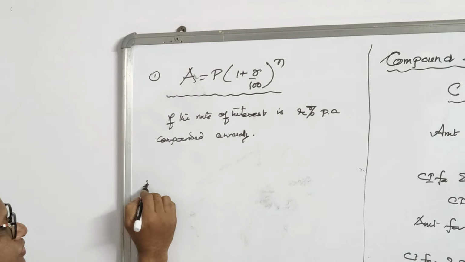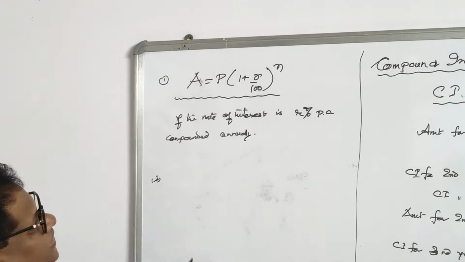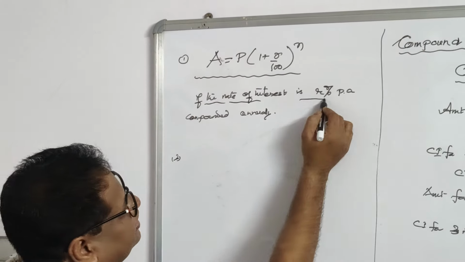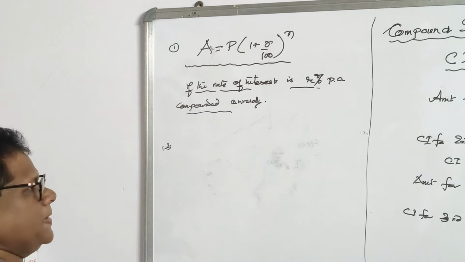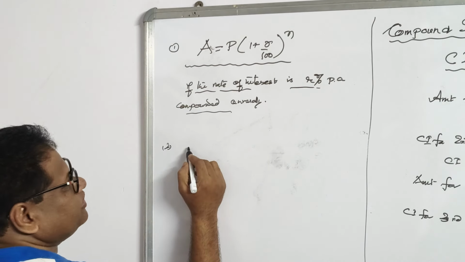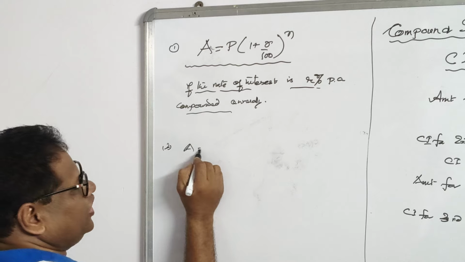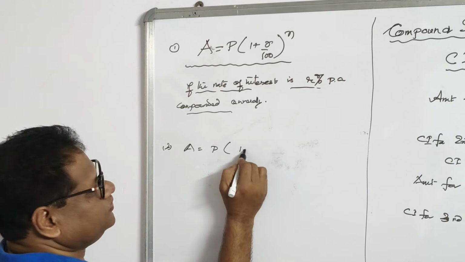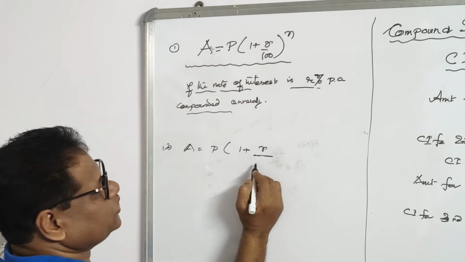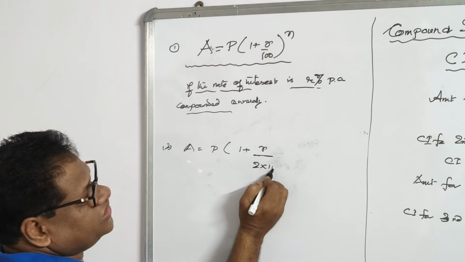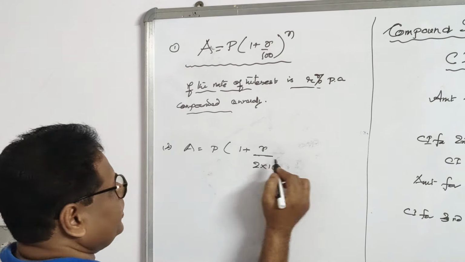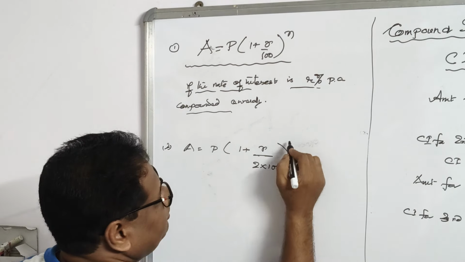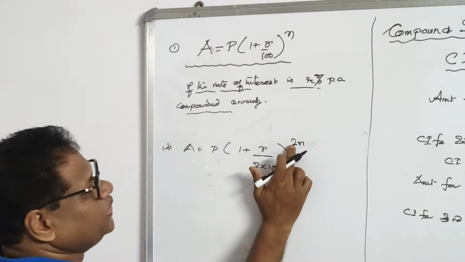Now supposing the rate percent is r% per annum compounded semi-annually. Semi-annually means half yearly. Then the expression becomes like this: A equals P into 1 plus, the rate is going to be half because it is semi-annually, so 1 plus r by 200, to the power 2n. Why 2n?